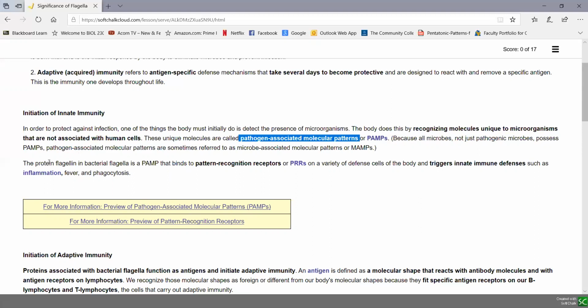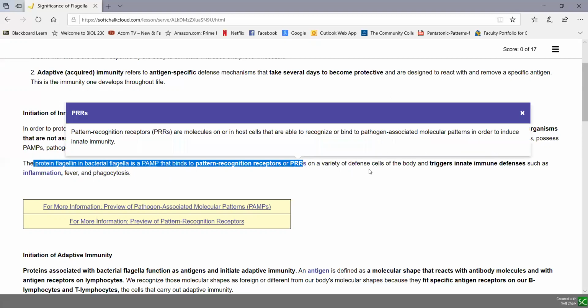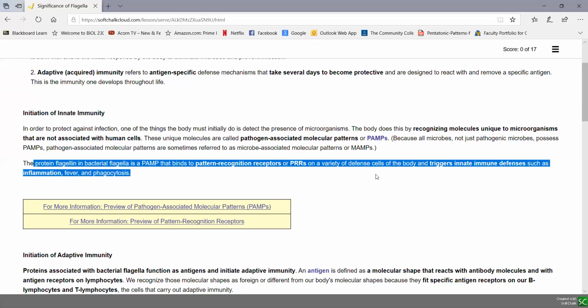And in the case of bacterial flagella, the protein flagellin is a PAMP. It's a pathogen-associated molecular pattern. When flagellin binds to pattern recognition receptors on defense cells, that triggers innate immune defenses like inflammation, fever, phagocytosis, just like cell wall PAMPs do.